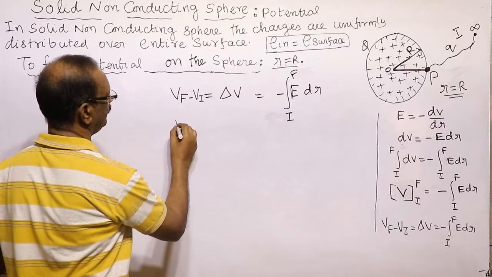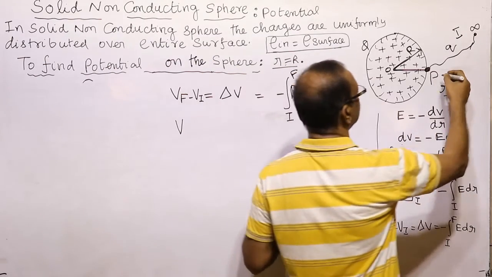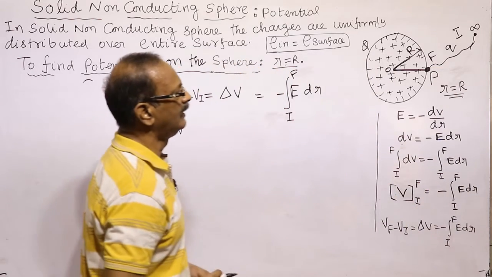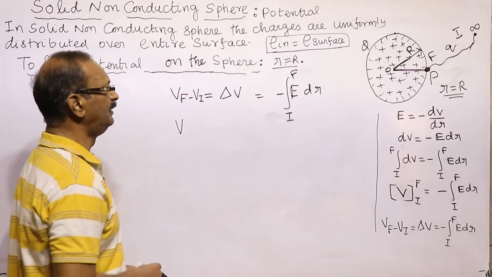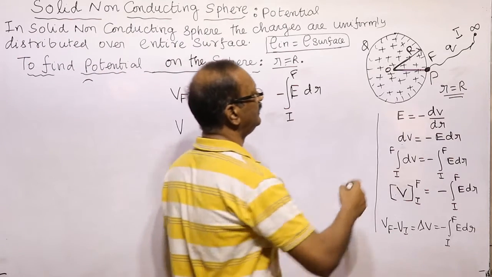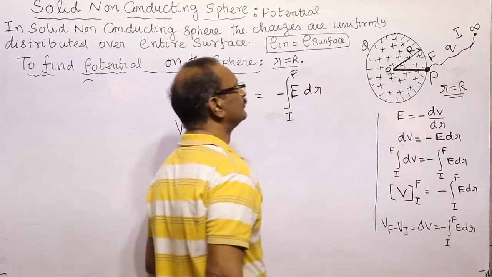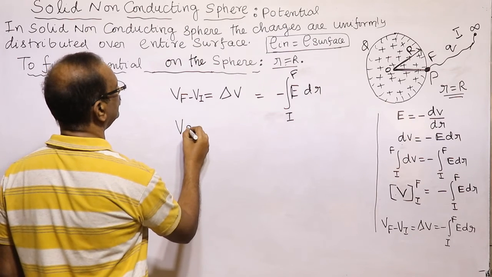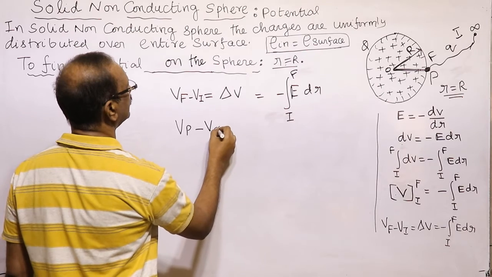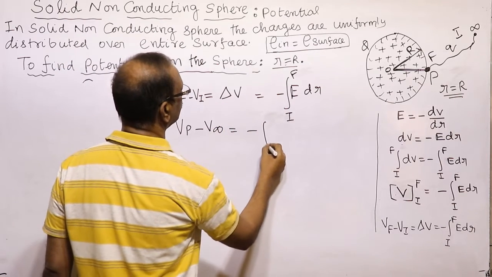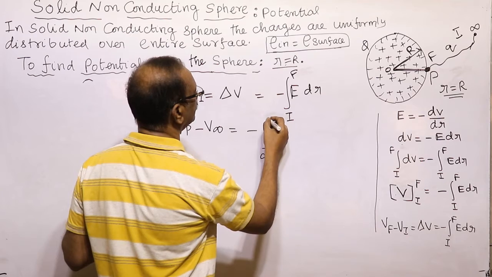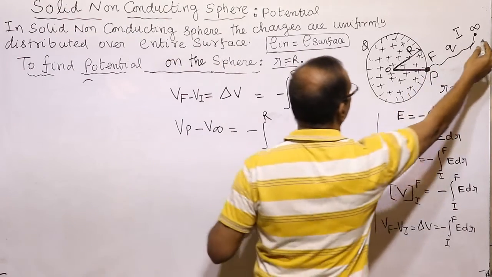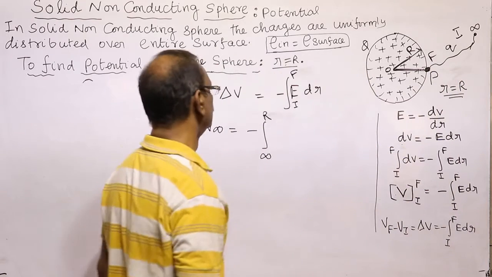So what is V final? See, this is the initial point and this is the final point, because from here we are bringing the charge from infinity up to the point P, where P is at a distance R from the center. So the final point is V at P minus V at the initial point, infinity, is equal to minus integral, from infinity up to R, of the electric field.